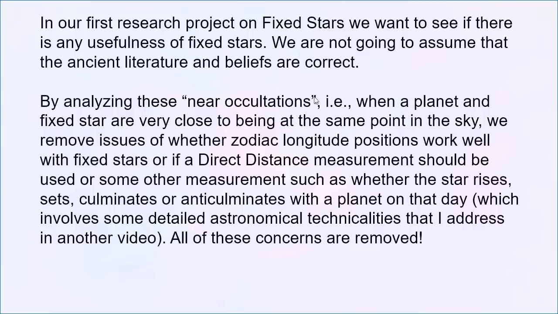So this eliminates it just to see if the fixed star means anything at all. Then in future research, you can compare longitude versus direct distance versus in mundo to see which of those is working best. But first, we want to solve one thing at a time in research. If you have too many issues going on in your research, you're not sure which one is involved. Let's first see if there's any consistency to the star at all.